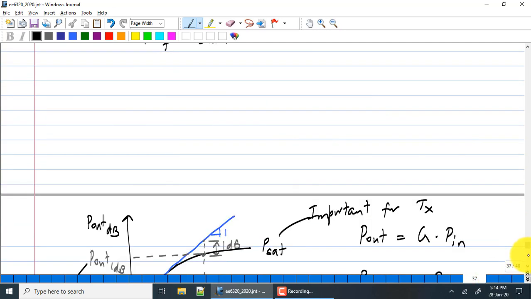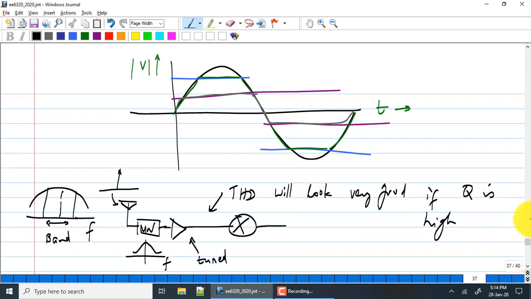For example, looking at harmonic distortion will not very often work for RF systems because many of your circuits are narrowband. Whether it's filters, the antenna itself has a frequency response, the circuits themselves will have strong frequency responses and so on.